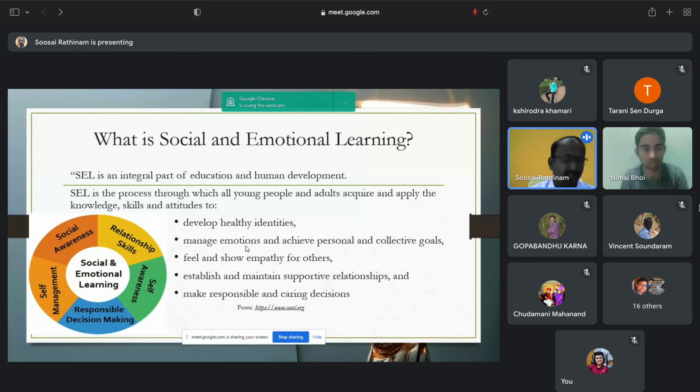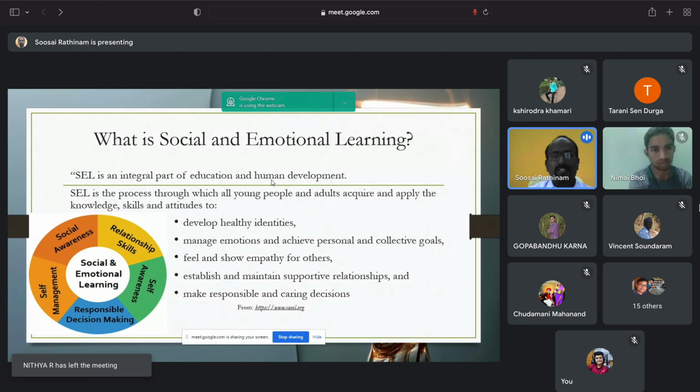This is the need of the hour, I believe, and our students need to know it, and their pedagogy or curriculum should incorporate social and emotional learning. Social and emotional learning is the process through which all young people and adults acquire and apply the knowledge, skills and attitude to develop healthy identities.